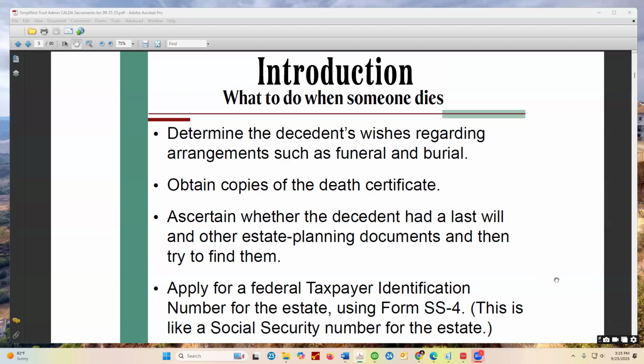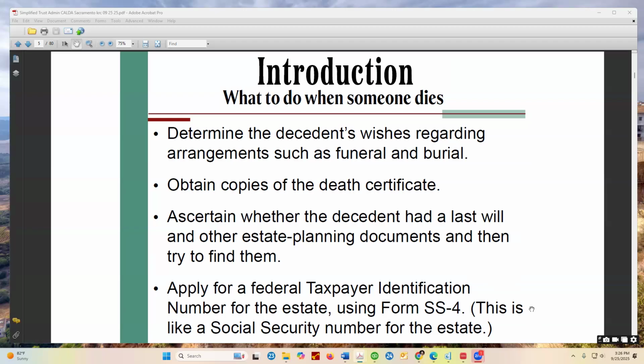I'll find out whether the decedent had a will and what other estate planning documents. Most estate administration, if they have a trust, is not governed by the will. The only thing that's usually governed by the will is a nomination of a guardian for a minor child, and then the judge actually appoints the person they think is most qualified.